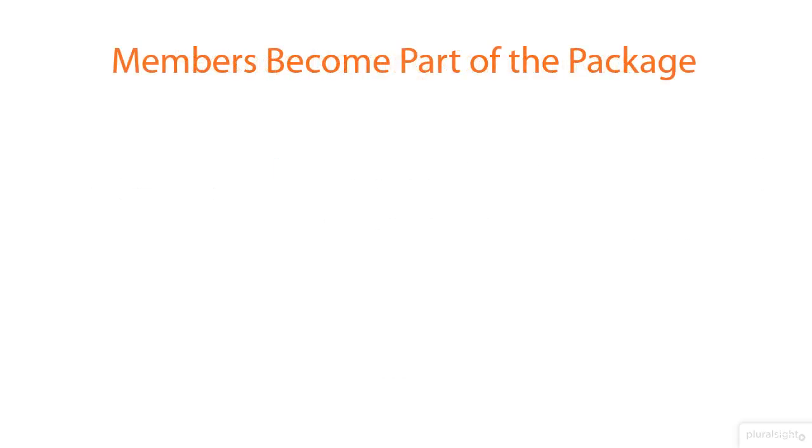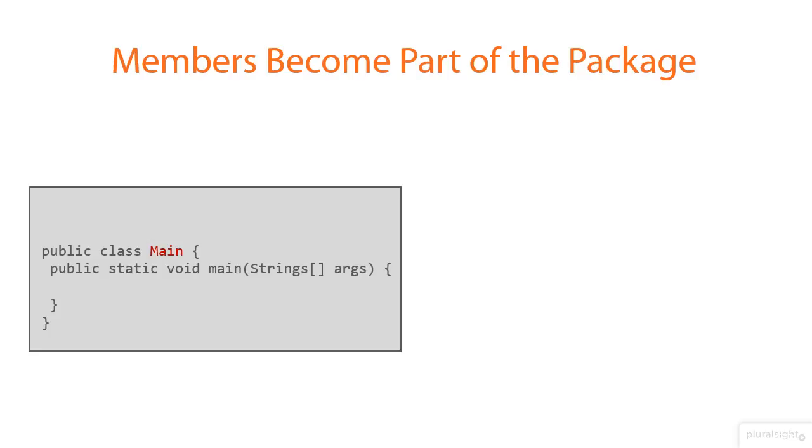Now, as we put members into a package, those members, of course, become part of that package, right? And that package becomes part of the member's name. So if we just build a class called main, the name of that class is just main. But once we put that class inside of a package, the package name becomes part of the overall class name.